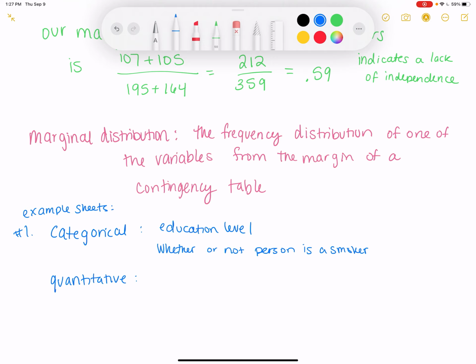Yeah, number of years in school. Okay, education level. So education level by number of years in school. Okay, and that's because that can be measured numerically, which is why.